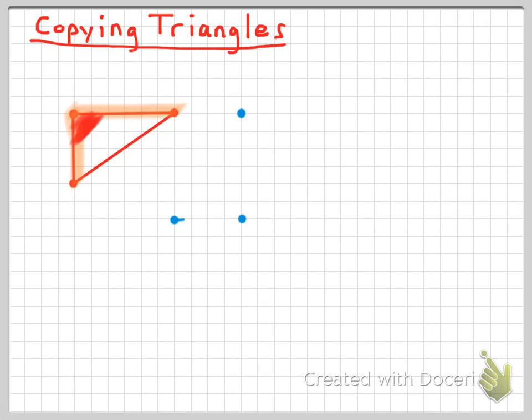So you'll notice that this segment is 4 units long, so it's congruent to this one right here. And then you're going to notice that the next segment that I've created is 6 units long, so it's going to be congruent to this segment here. And I've also made the included angle of those two sides congruent to the included angle of these two sides. And when I close the triangle, these two triangles are going to be completely congruent to one another.